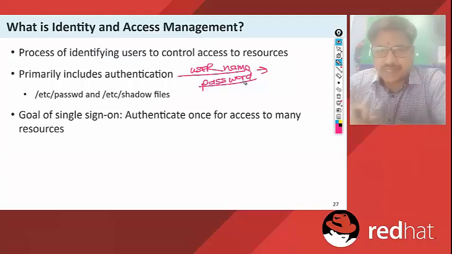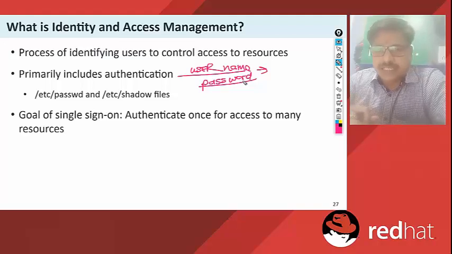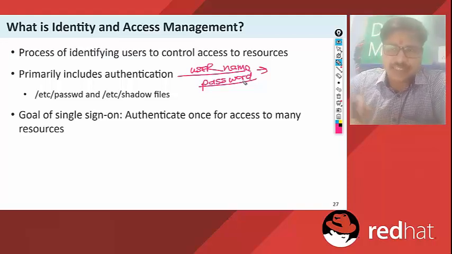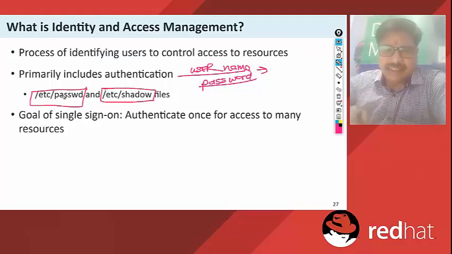We have discussed this sometime earlier, but today we are going to discuss again the password and its stored locations. So authentication means here the user information, and the other file is /etc/shadow.